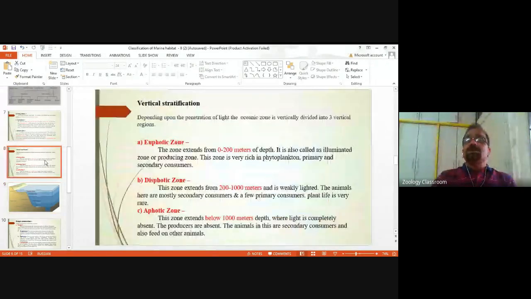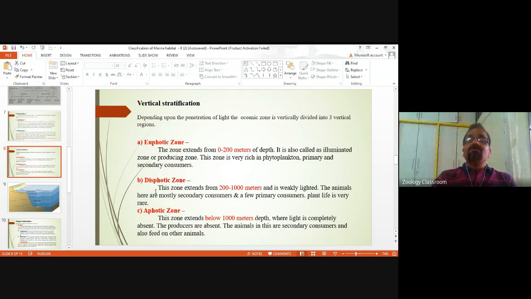This also supports primary and secondary consumers. Primary consumers are the herbivores, and secondary consumers are the primary carnivores.